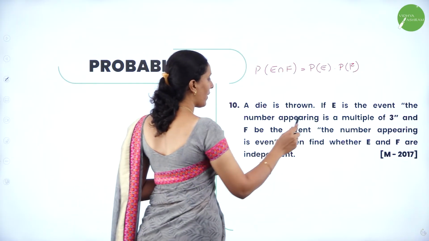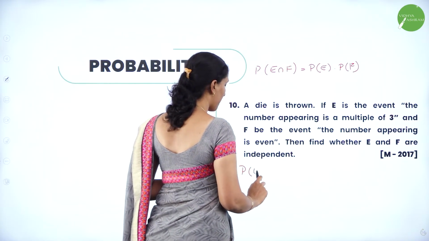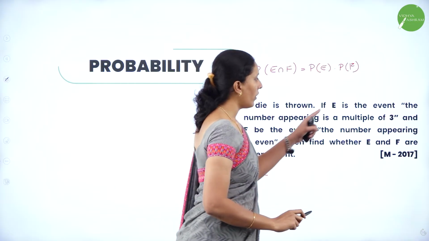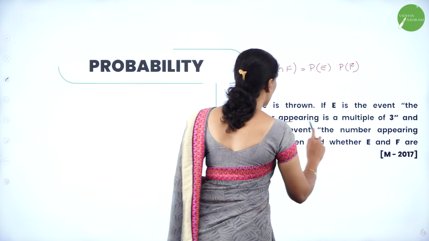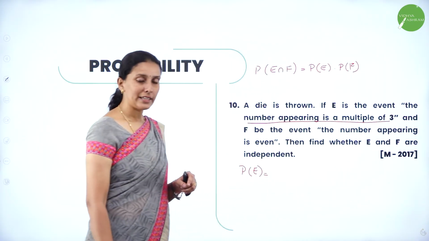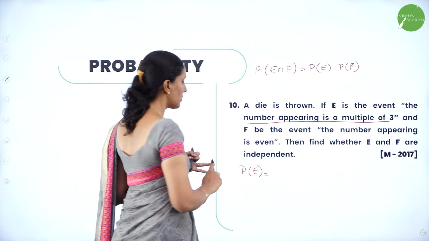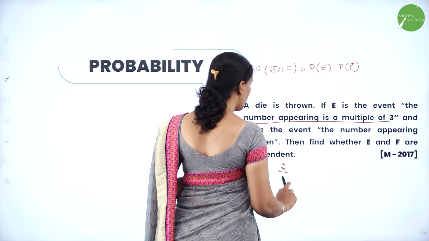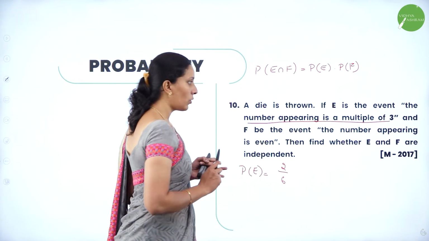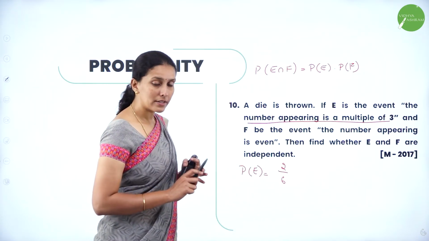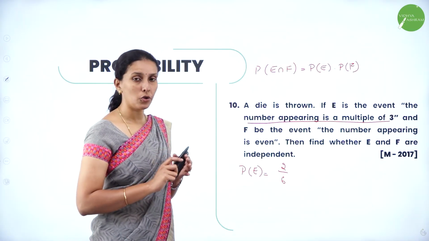Now, let's find the probability of E. When you throw a die, the numbers which are multiples of 3 are only 3 and 6 out of 6 outcomes. So the probability will be 2 by 6. And the number appearing being even has only 3 outcomes: 2, 4, 6.